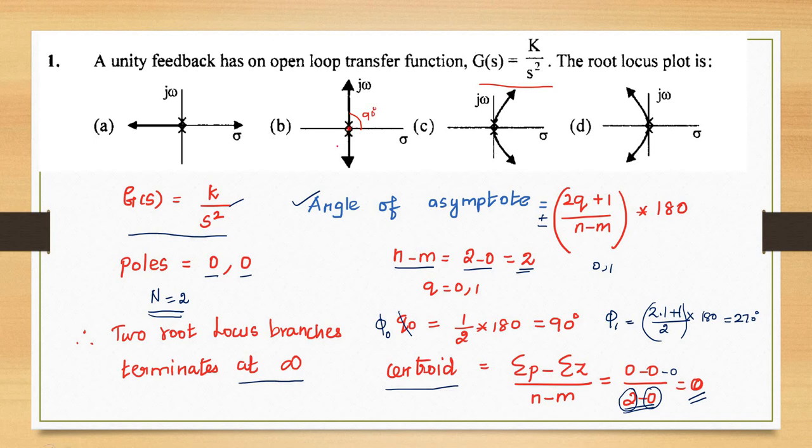And here the centroid exists. So what about the root locus branches? One of the branches goes to minus infinity and the other to plus infinity. So both terminate at infinity. Option B is the correct answer.